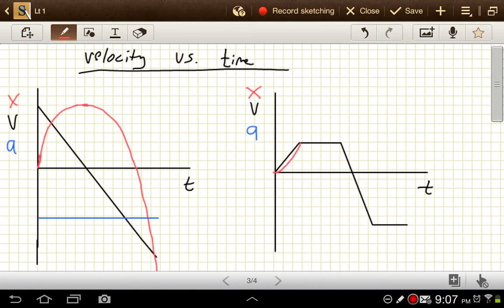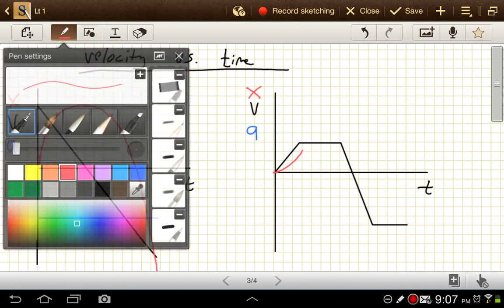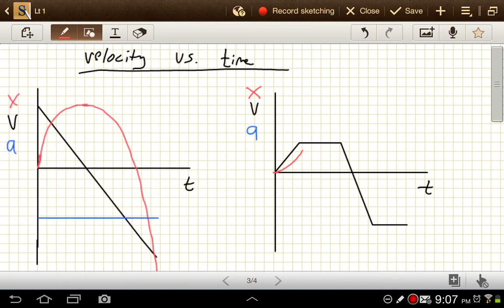Let me change this so it doesn't end like that. Upward like that, okay. For this section, we have a constant velocity, which means the x part is going to have a constant slope. So let me get my straight line tool. Constant slope for that section. There we go.